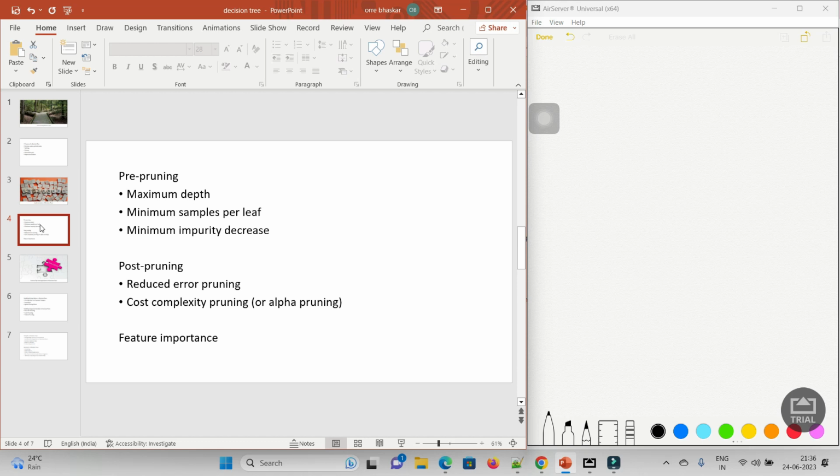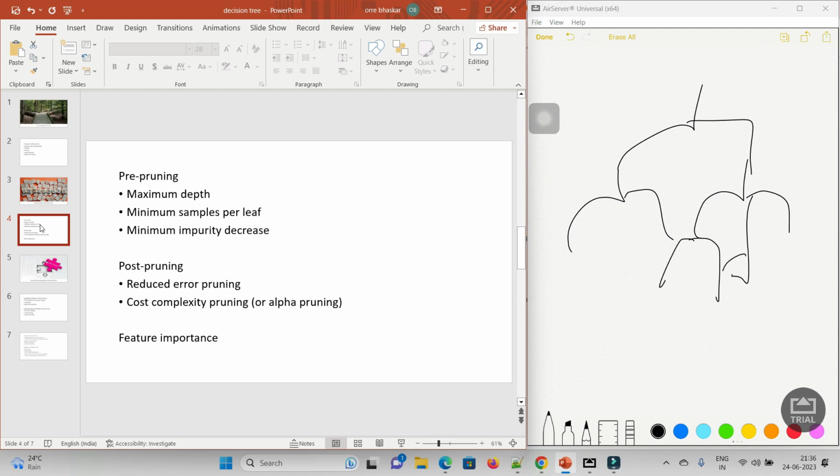Post-pruning, also known as backward pruning or error-based pruning, involves growing the decision tree to its fullest extent and then selectively removing the nodes that do not contribute significantly. That means we grow the tree to a perfect classification, and then once it reaches a perfect classification, we prune it backwards.